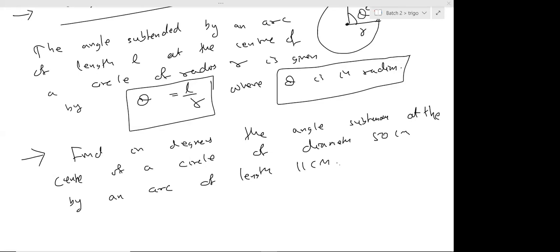Sir, should we convert centimeters to meters? No, you don't have to convert the centimeters into meters, just the angle in radians.